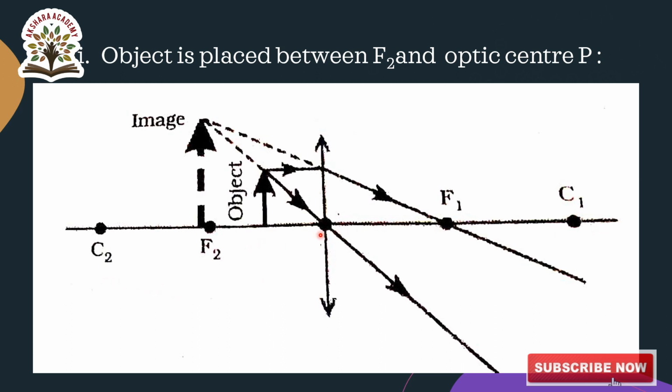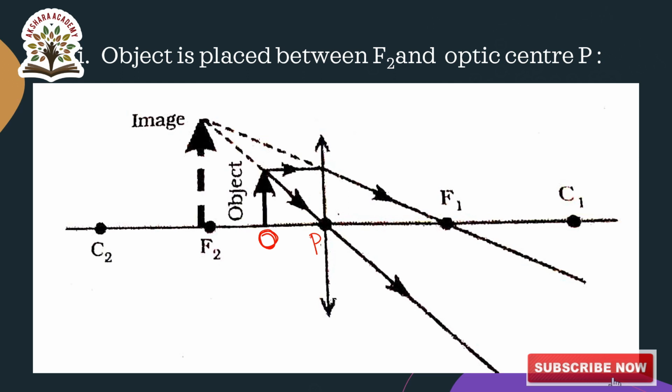Now we are placing the object here, between F2 and optic center P. One ray is parallel to the principal axis, passing through focus, and another ray is passing through the optic center.